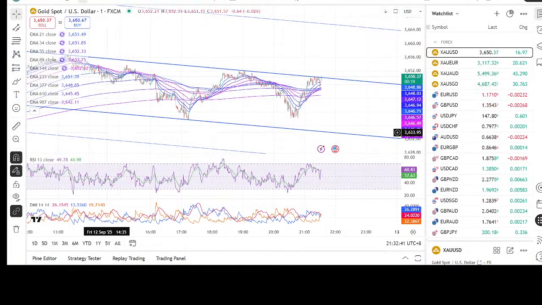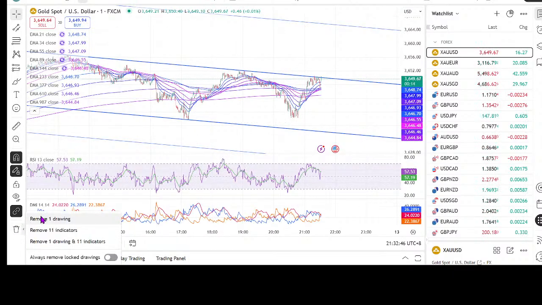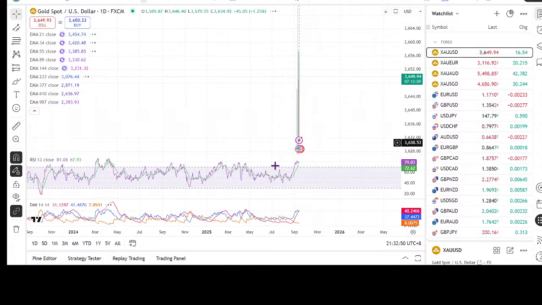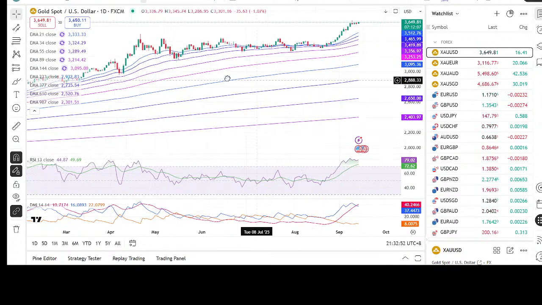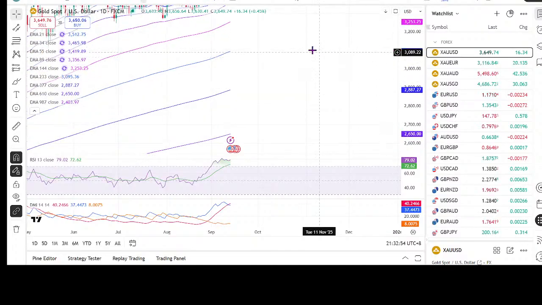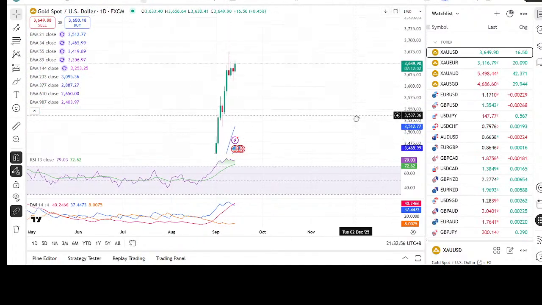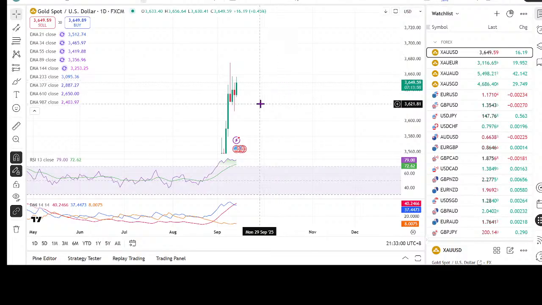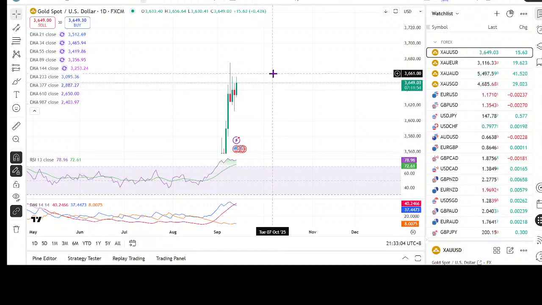So looking at the gold US, let's start off with the daily. What the market is telling us is the market is still caught in a congestion or range with an upside view.